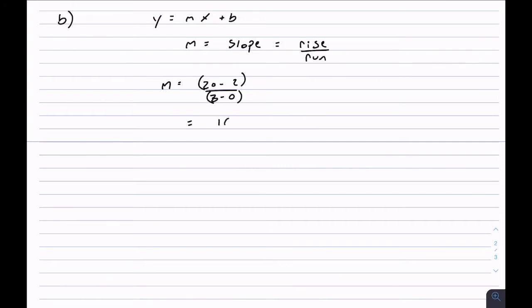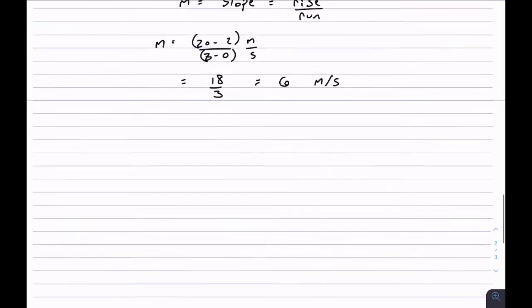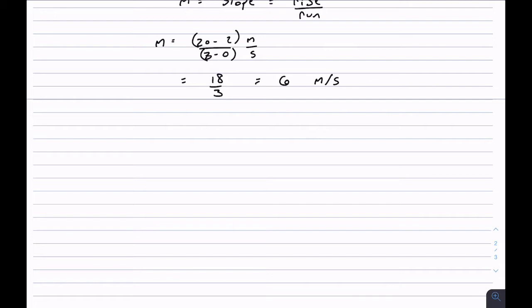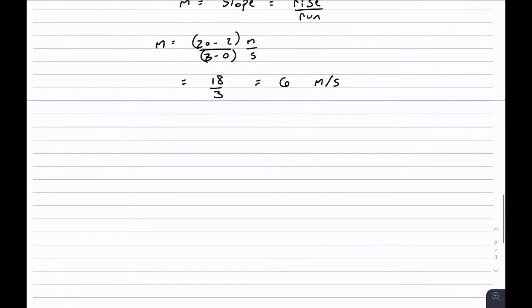That's going to give you 18 over 3 equals 6 meters per second, because this was meters. I should have put my units here. Now we can see it more clearly. So the instantaneous velocity of the particle at 1.5 seconds is 6 meters per second. So 6 meters per second is our answer.